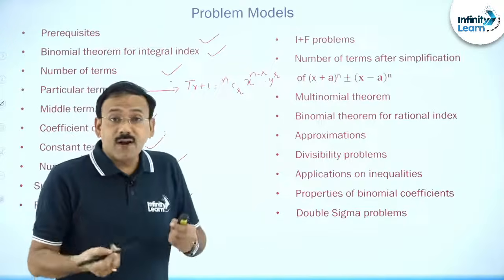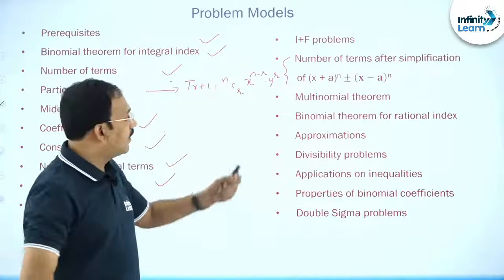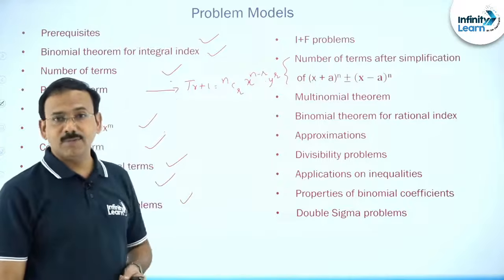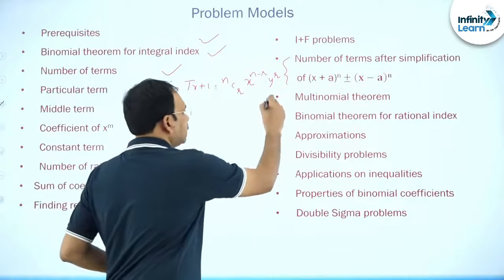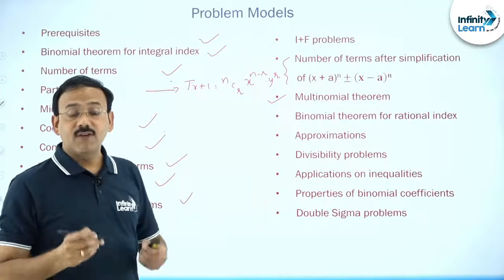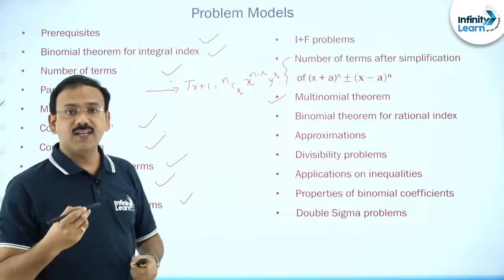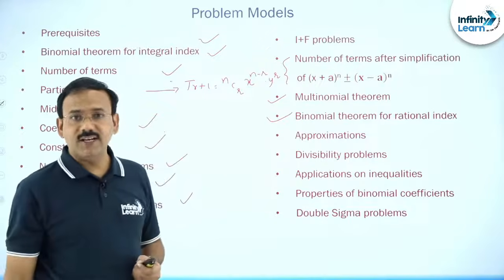Then the number of terms after simplification of (x plus a) whole power n plus or minus (x minus a) whole power n. Then in advanced topics we see the multinomial theorem, number of terms related problems, finding the coefficient, the numerically greatest coefficient, and binomial theorem for rational index.